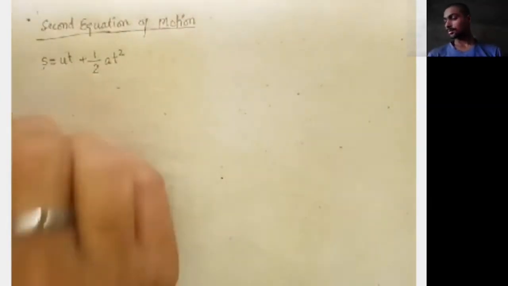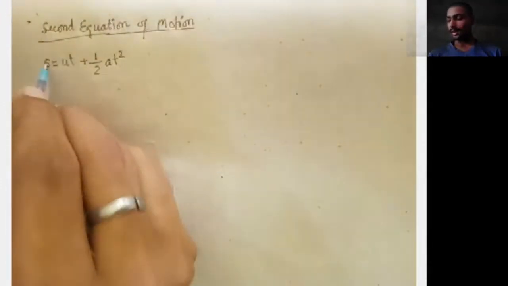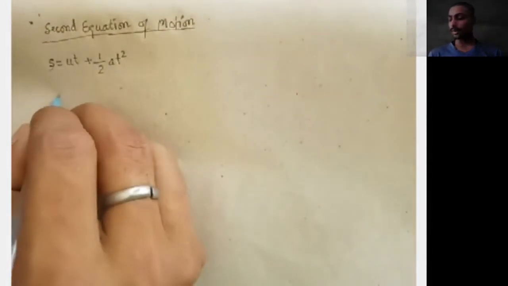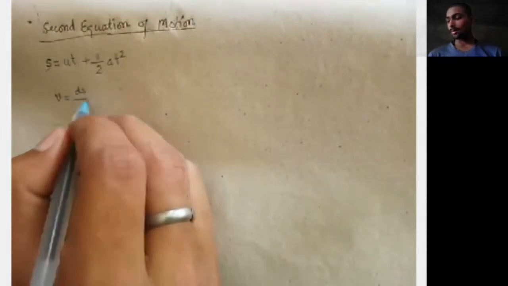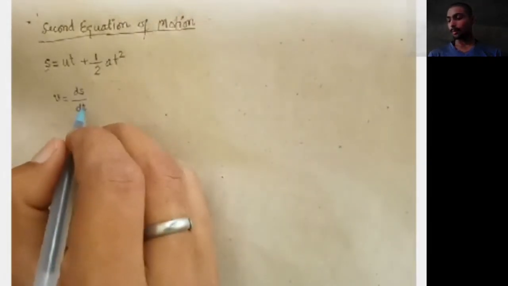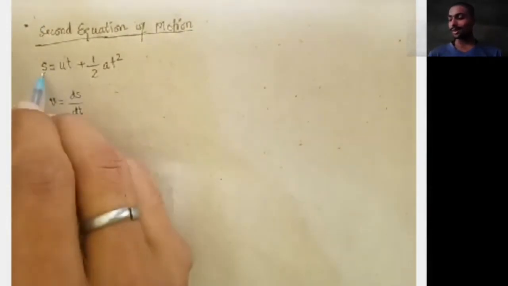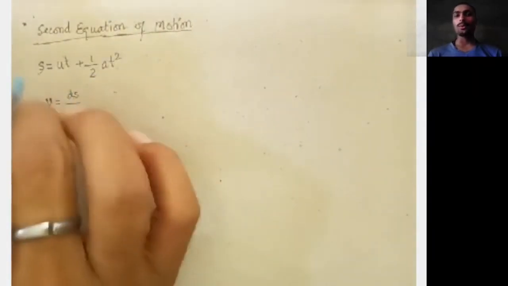Now, we know the definition of velocity is ds by dt, meaning distance, or actually this is not the distance, I am saying distance, but this is the displacement actually, because we are going to deal with vectors.